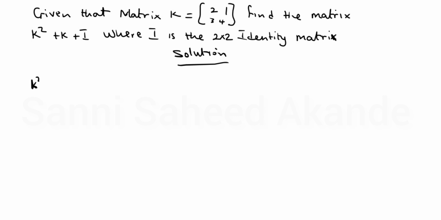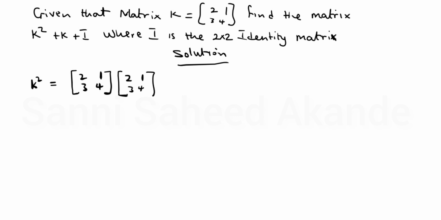Okay, we are given that K is 2, 1, 3 and 4. Then K square means we are going to multiply K with K again. So 2, 1, 3, 4. So let's quickly carry out this simple multiplication before we go ahead and add together.